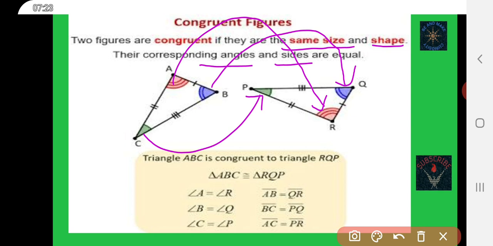The corresponding angles are equal. Now you see the corresponding sides. AC corresponds to PR, AB corresponds to RQ, and BC corresponds to PQ, and the corresponding sides are also equal.